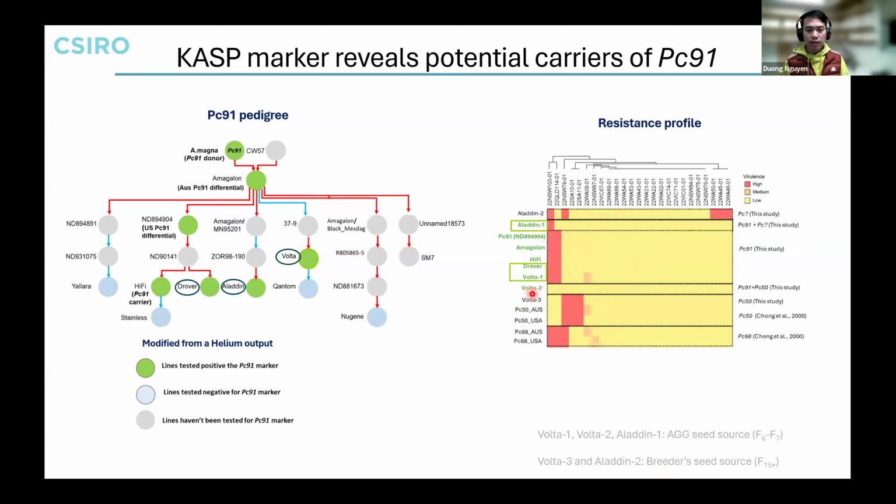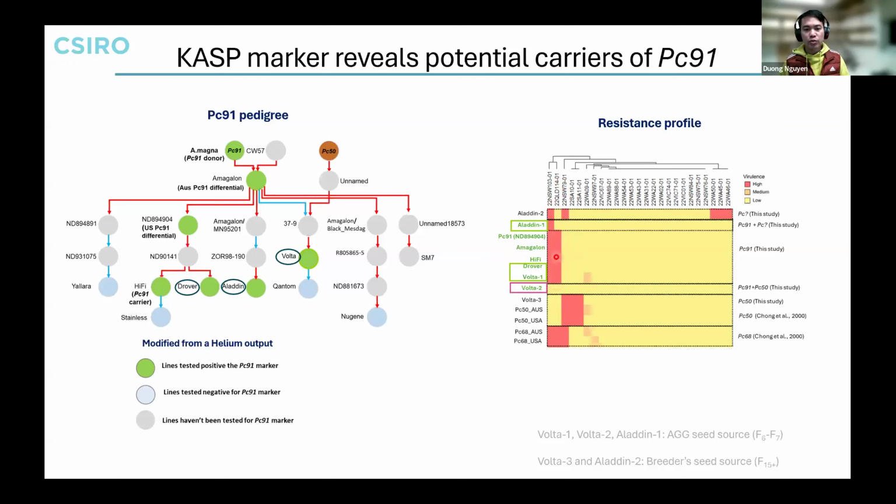Drover, Volta and Aladine have a very similar resistance profile to the other PC91 carriers, except that Aladine 1 seems to carry additional resistance based on the profile, because it is also resistant to one of the isolates which was virulent to the other PC91 carriers.